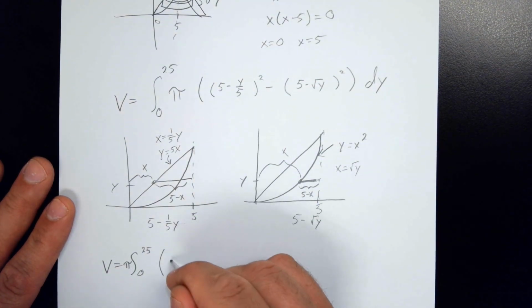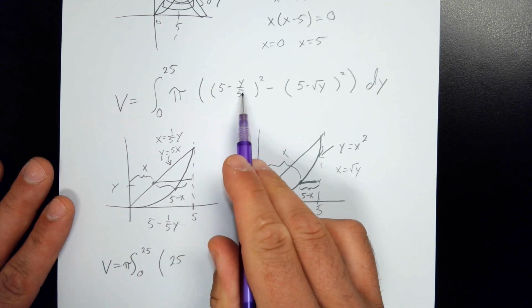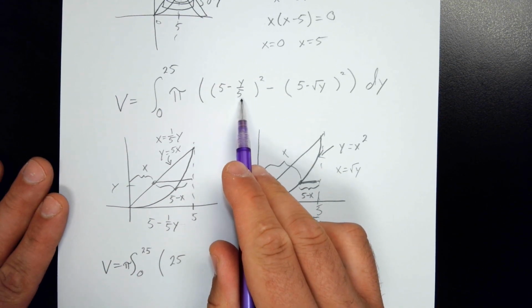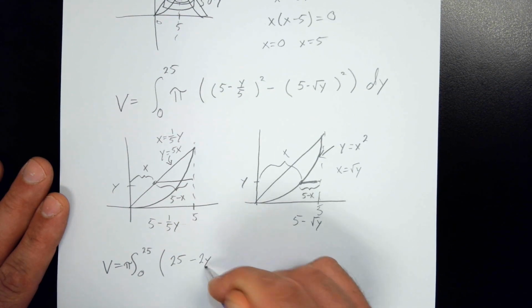So 5 squared is 25. I'm going to have 5 times y over 5. That's just going to be y. So 5 times negative y over 5 is going to be negative y, but there'll be 2 of those, so I'll have negative 2y.